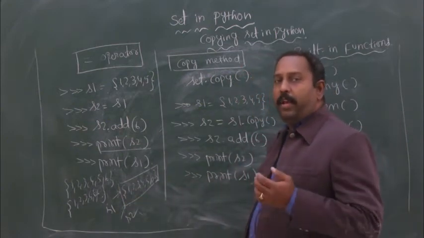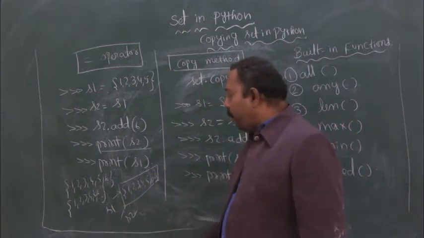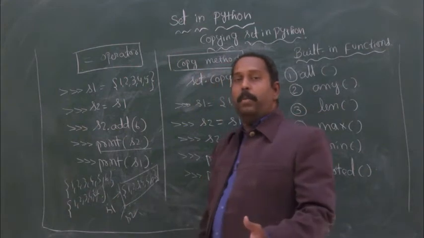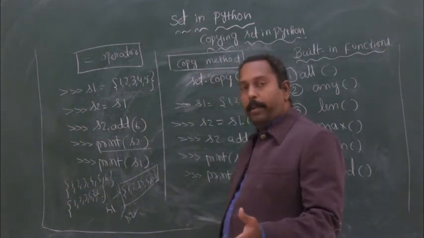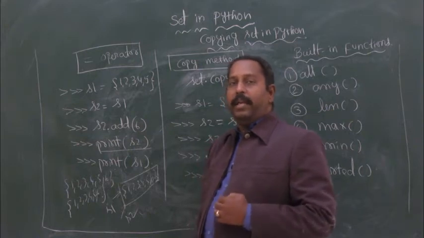That means if you modify S2, S1 is also modified. Similarly, if you modify S1, S2 will also be modified automatically, because both are pointing to the same set indirectly.